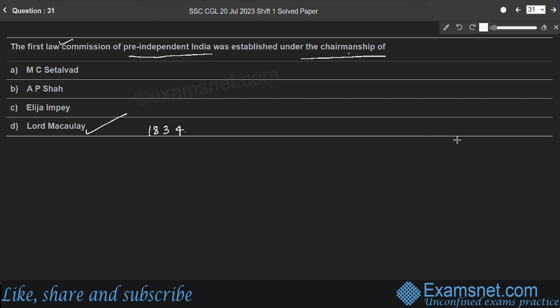The Law Commission of India is a non-statutory body, constituted by the government of India from time to time. So under the chairmanship of Lord Macaulay, option D is the right answer.